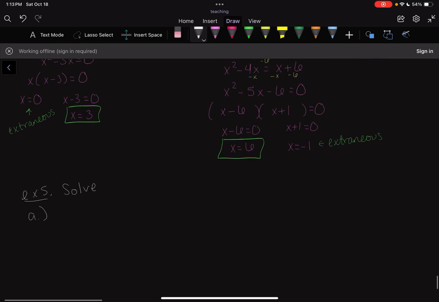The first one, part A, I have 4 log base 3 of 2t minus 7 equals 8. And I'll write the other one on there. Part B, log base 2 of x equals 3 minus log base 2 of x minus 2.